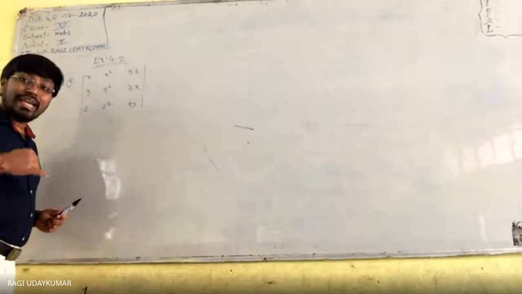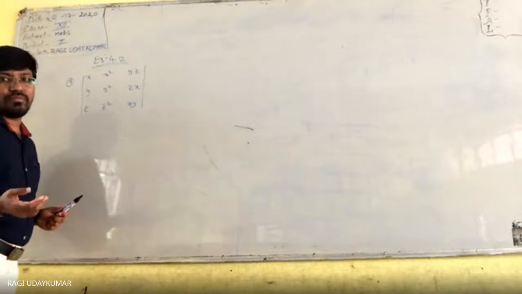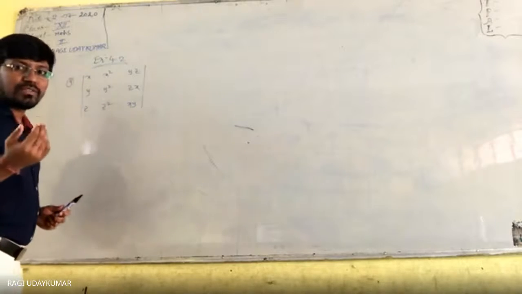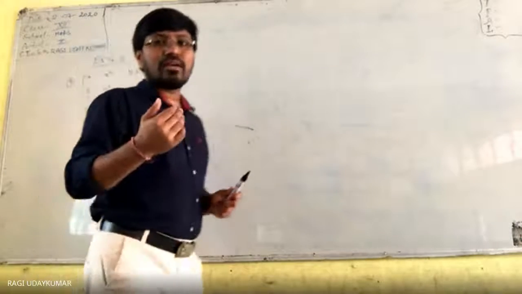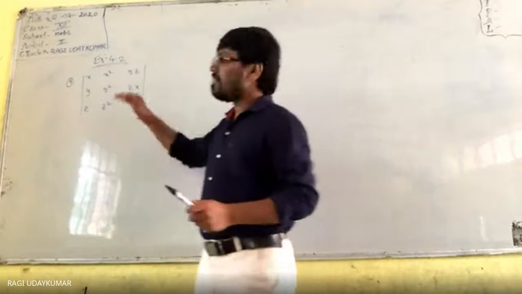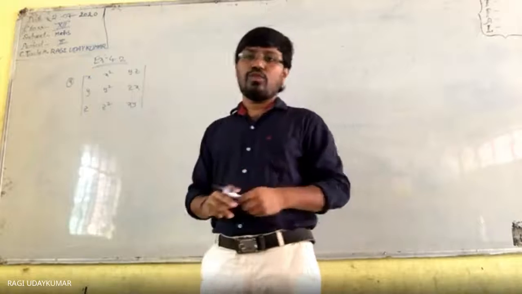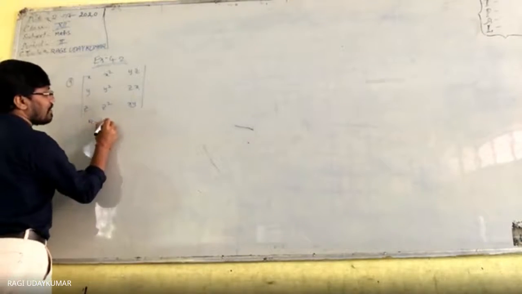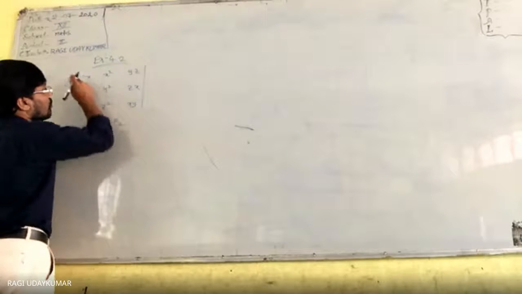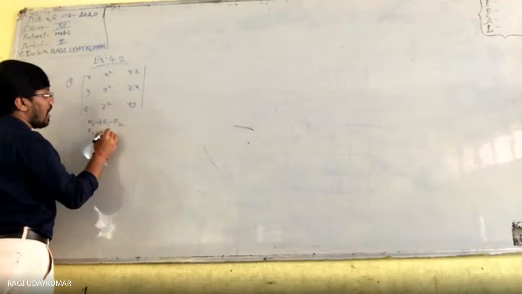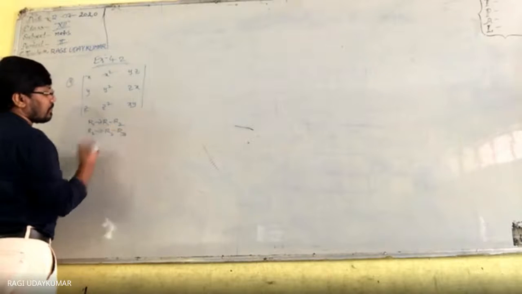At a time you cannot do the third one, because most of the students make one small mistake: they do the three operations at a time. Only two can be done, because we are changing R1 to R1 minus R2, so R1 is changing. Next R2 to R2 minus R3.